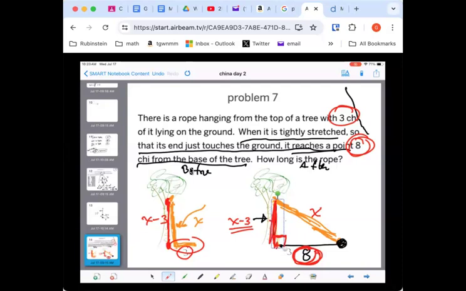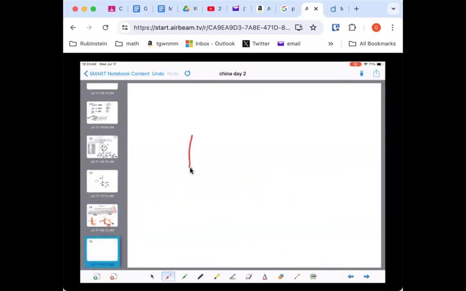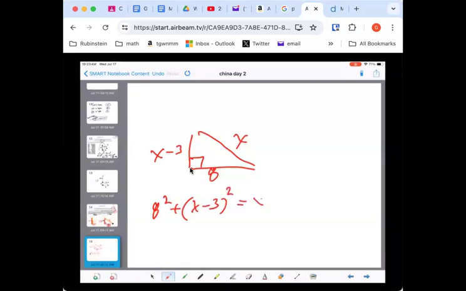And now we get to see the setup is the hard part, because once it's set up, it turns into one of these questions that we've been working on. 64.